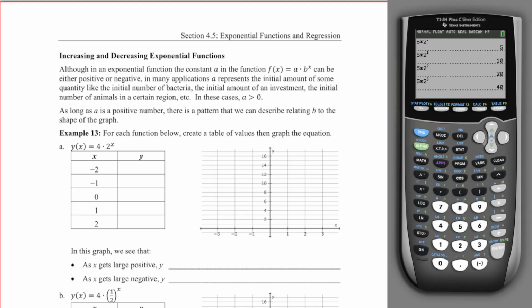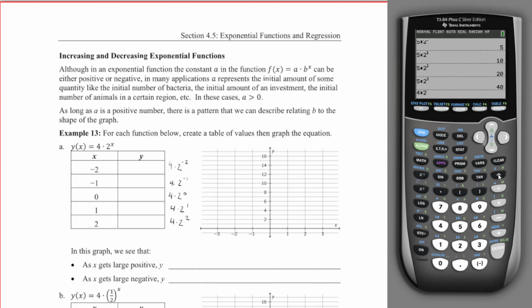I'm just going to plug in 4 times 2 to the negative 2, 4 times 2 to the negative 1, 4 times 2 to the 0, 4 times 2 to the 1, 4 times 2 to the 2. And I'm just going to do that on the calculator.